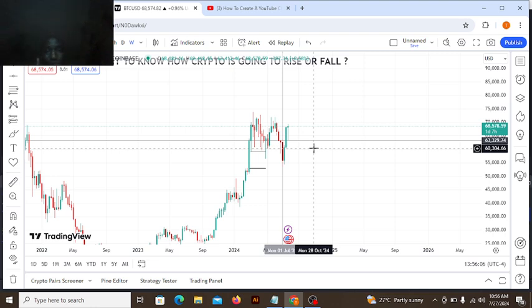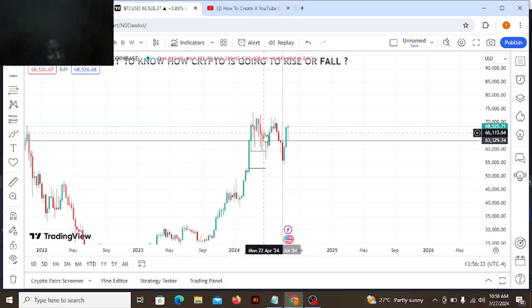What is the most important thing you need to focus on is how to know where the draw on liquidity is. That is, where is the market likely going to go? Is it up or down? Where do we have liquidity?